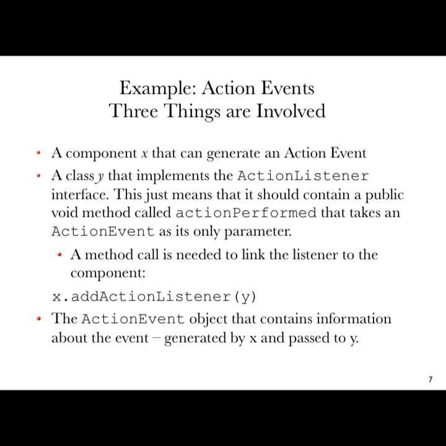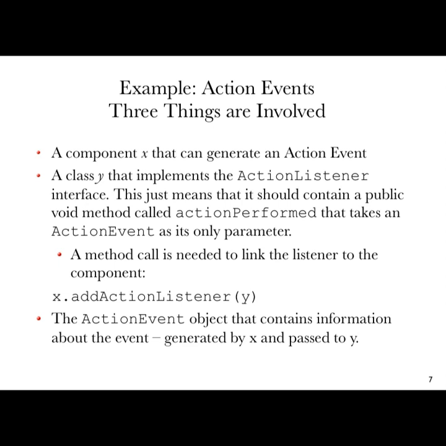So let's say you click on a button, and the button itself is associated with a component in the code. Then you associate an event listener with that to say what's happened. How are we going to associate these things? Well, it's a fairly standard thing.